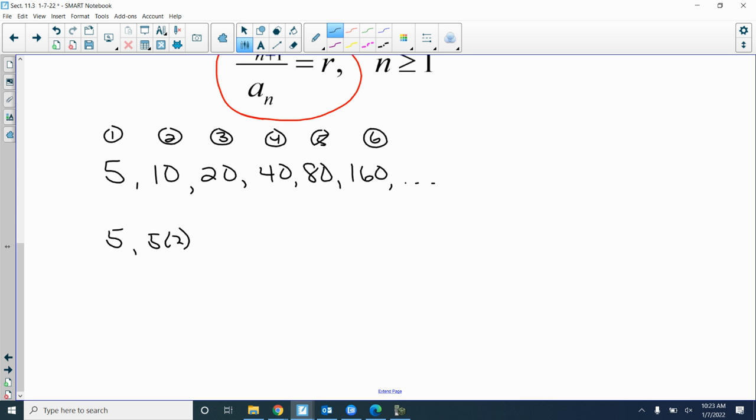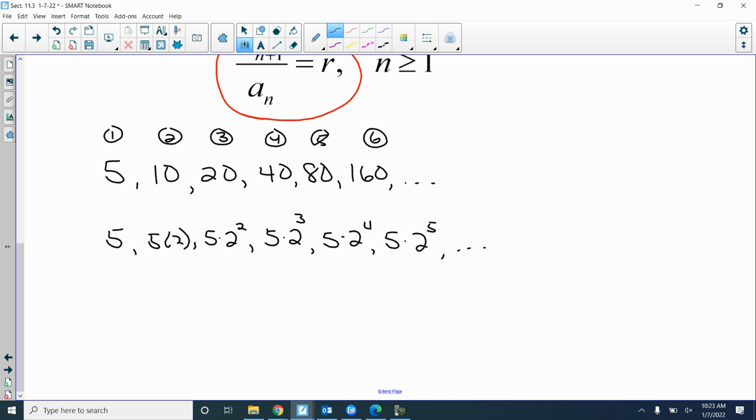We agree with that? The next one you can represent as 5 times 2 to what power? Second power. And the next one would be 5 times 2 to what power? 2 cubed, and then 5 times 2 to the 4th, and 5 times 2 to the 5th. Basically you're multiplying by 2 every time, so we're introducing a bunch of 2's.